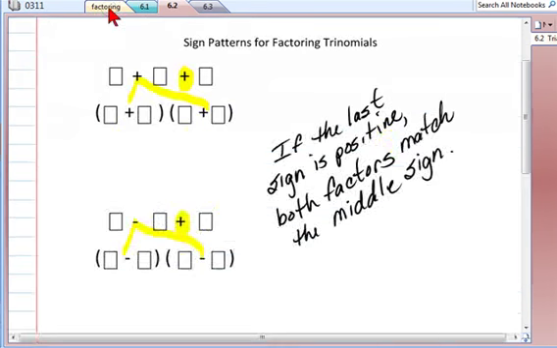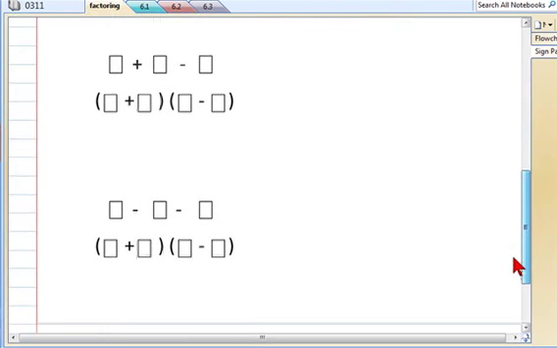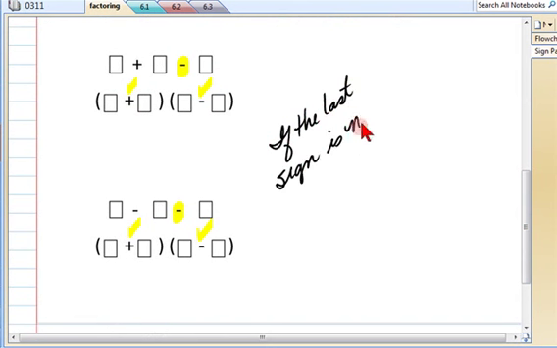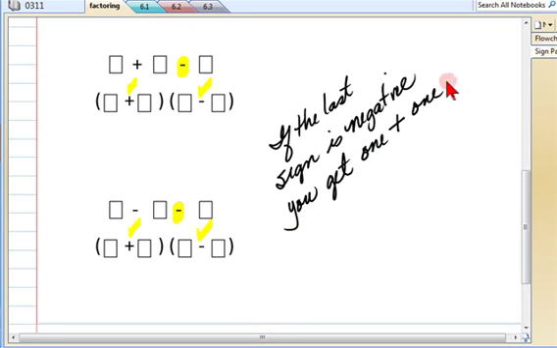So if I went back, if the last sign is negative, this is back to the sign patterns, then you always get a plus and a minus. It didn't matter what the middle term was. You get a plus and a minus. So if the last sign is negative, you get 1 plus and 1 minus in the factors.